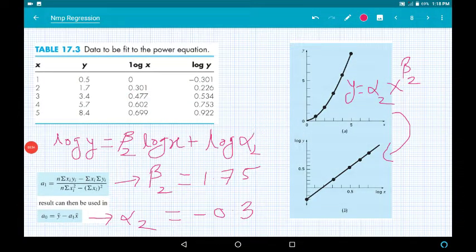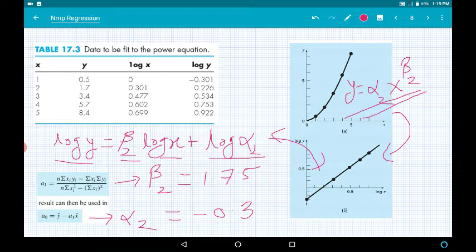So let us take a numerical example to understand this further. I have data to be fit in this equation. I am using the curve y is equal to alpha 2 x power beta 2, which is linearized and looks like this. The equation for the linearized curve is log y is equal to beta 2 log x plus log alpha 2. Now how do we solve this?